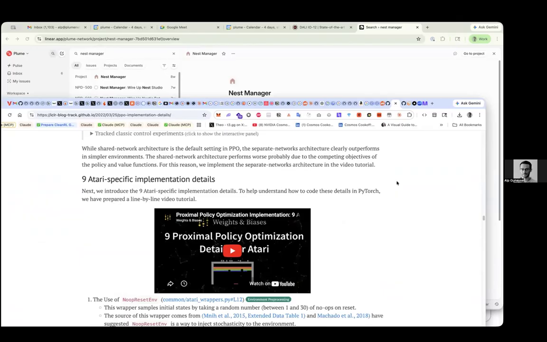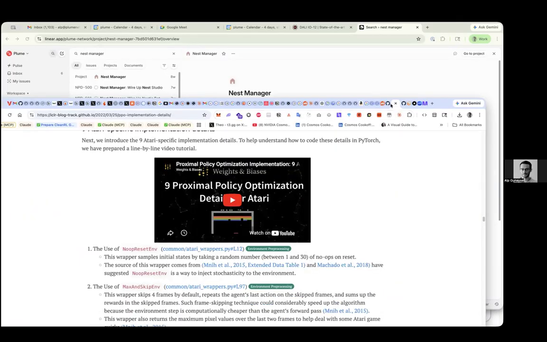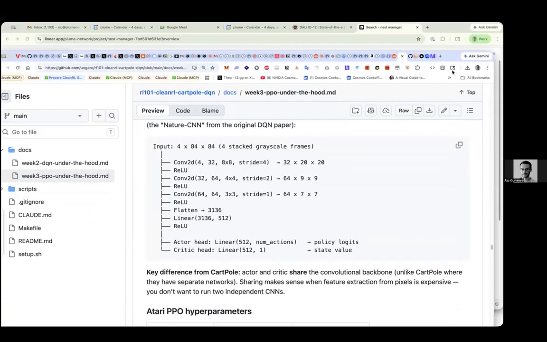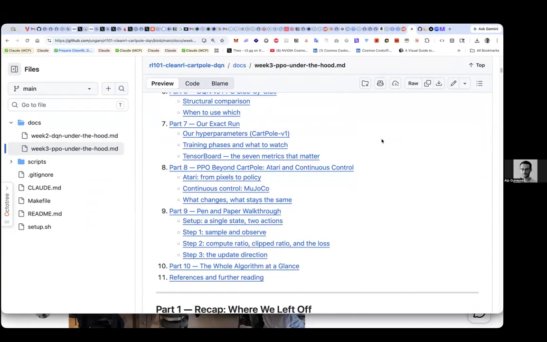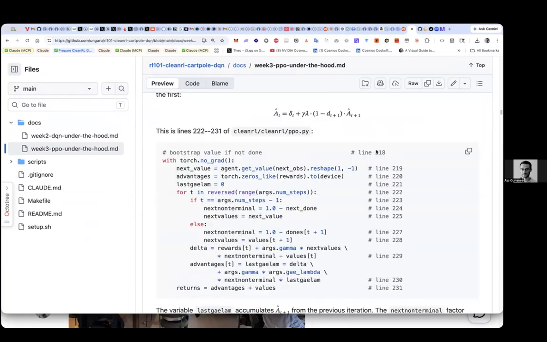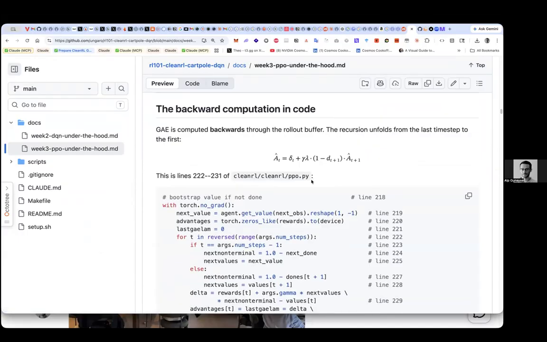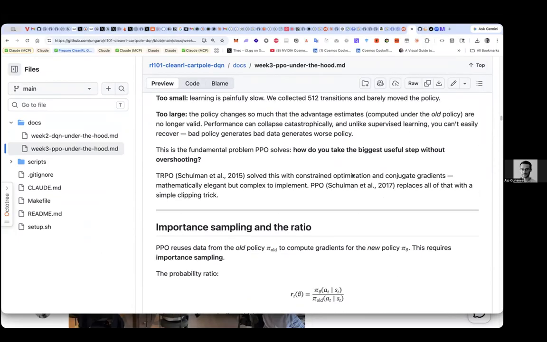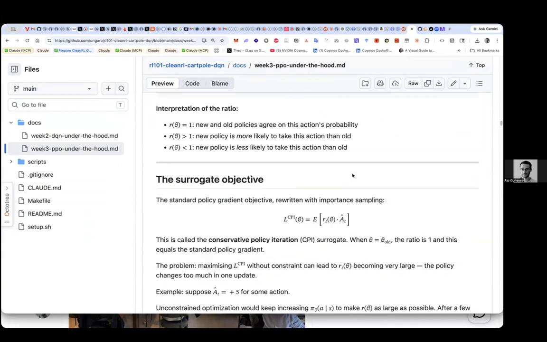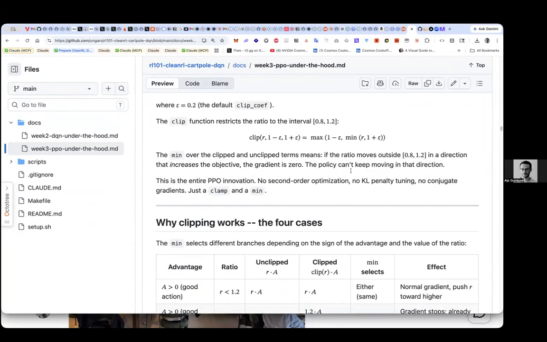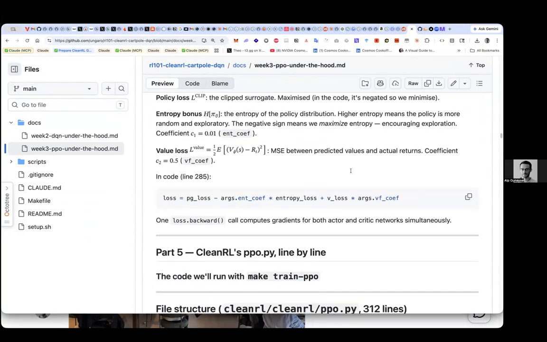I definitely recommend them if you want to dive deeper. Going back to the notes, there is a direct reference to PPO showing which code does what, and it explains the clipping, the surrogate, and the combined flows.